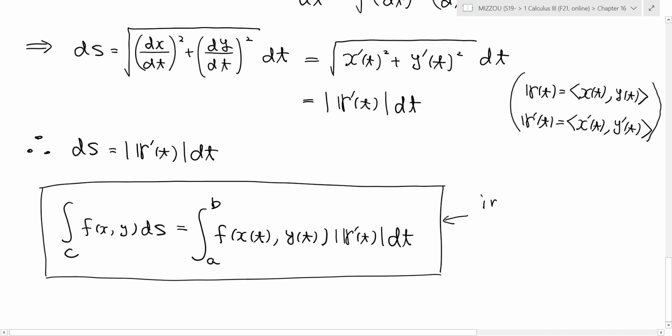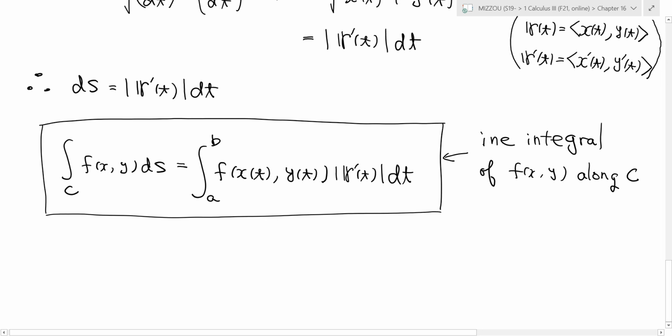This is the line integral of f of xy along the given curve C. And then, as a piece of terminology, depending on the textbook, line integral is sometimes called a path integral, or sometimes it's called a contour integral.